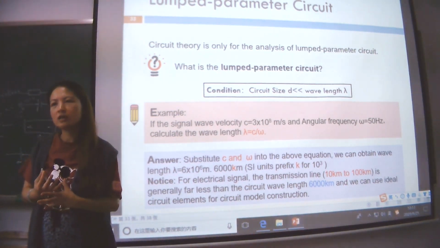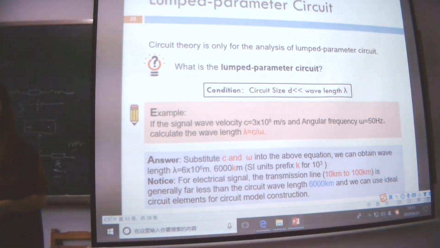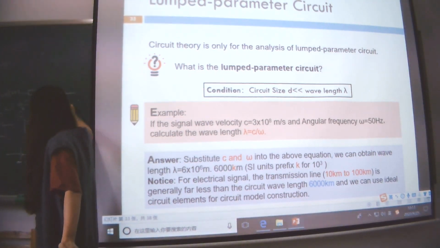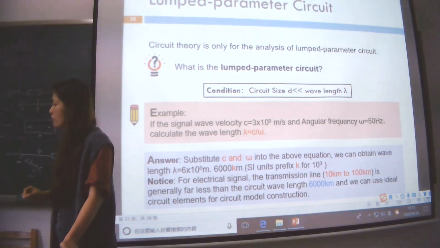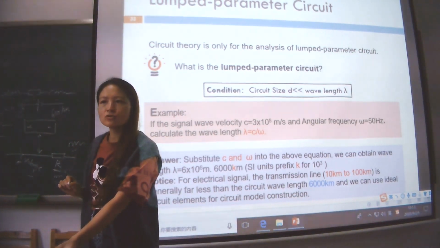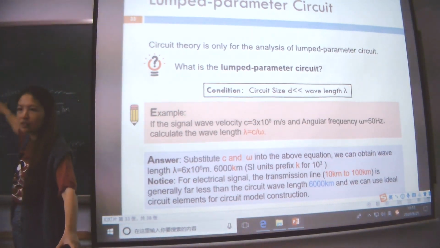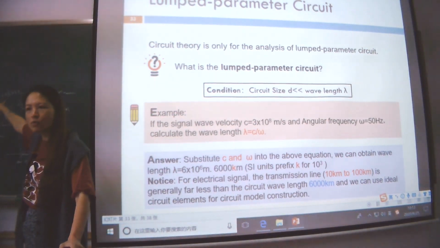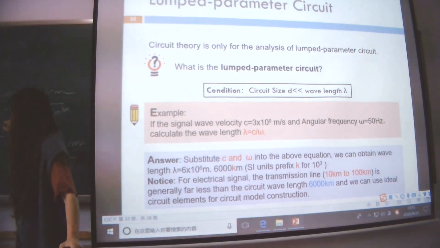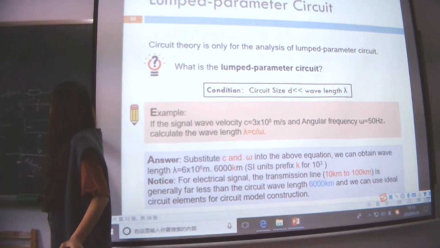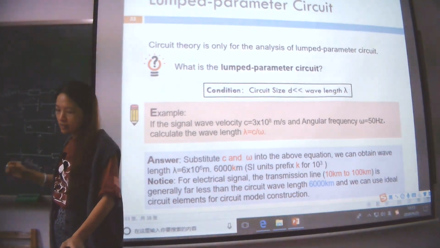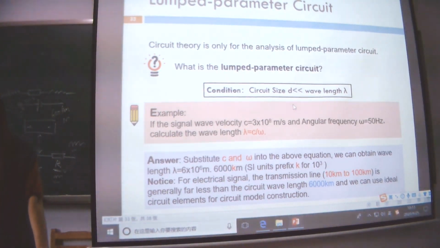But in China, we have power systems with very high voltage, so the length is very large as well. Maybe we have a wire with a length of 600 kilometers. So between this one and this one, it's not much smaller, 6 times 10 to the power 3 versus just 10. So we say this condition is not satisfied.